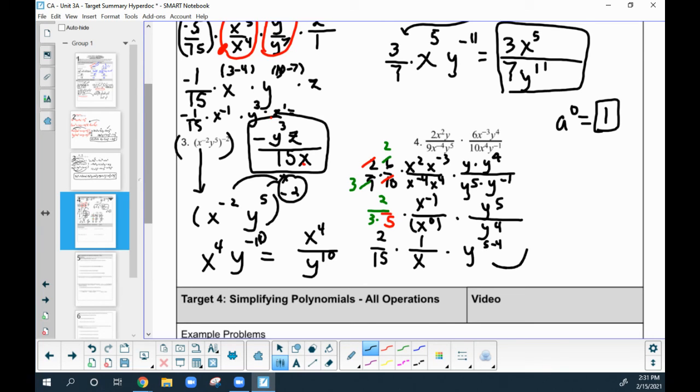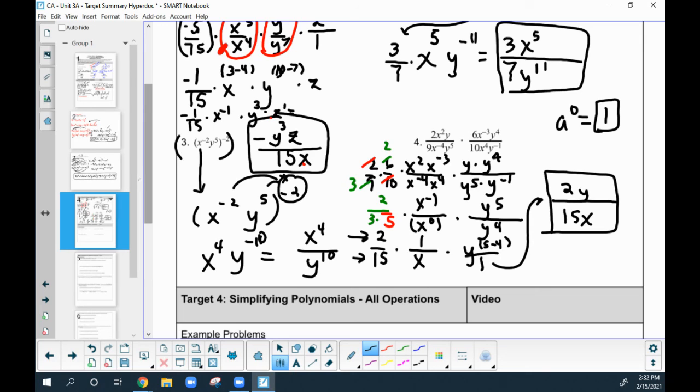So what we're getting is a big fraction here is a 2 in the numerator, and go straight across, times 1 times y to the 1. Excuse me. And now on the bottom, 15 times x, and there really is no other variable there. So it looks like we're finished. And that is the 3 of them for target 4.